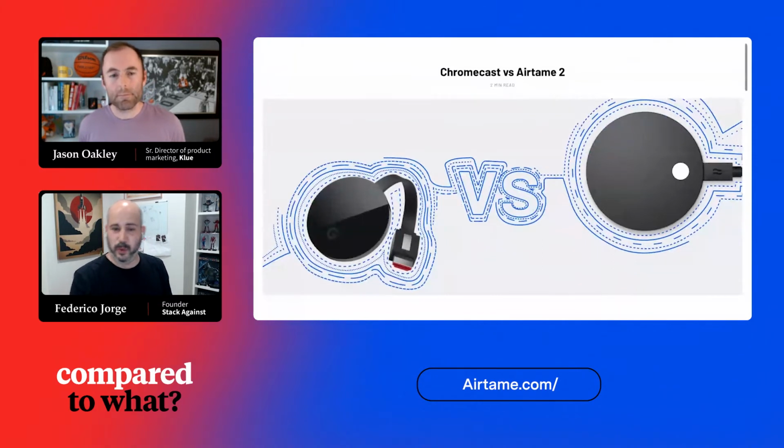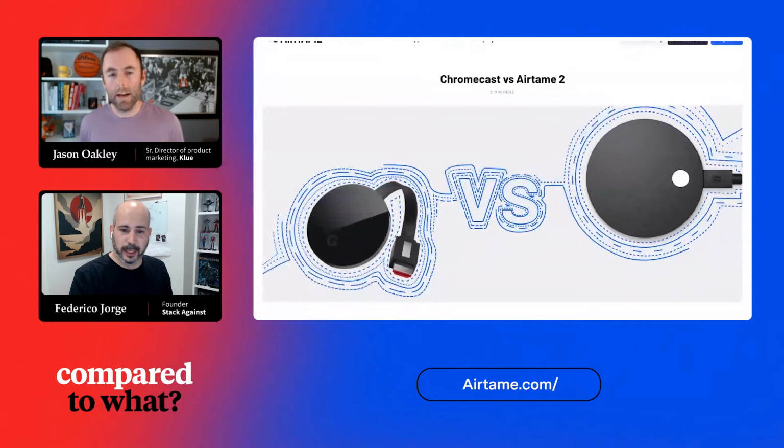So that's a wasted opportunity right there. Yeah, and then I know I'm in the right place. I know I've arrived at the Chromecast versus Airtame page, but great. I'm here to find out why choose Airtame over Chromecast. You should tell me above the fold. I think it's a missed opportunity there for sure.